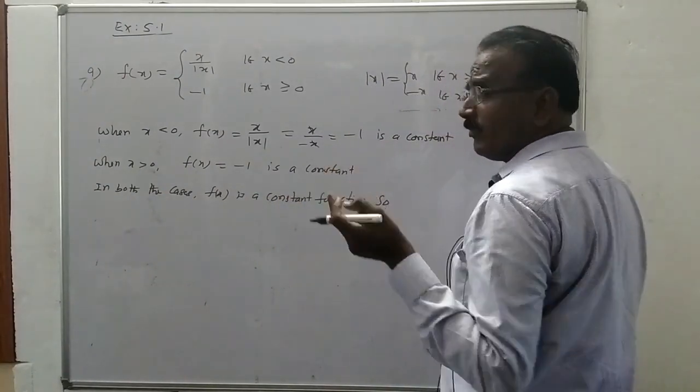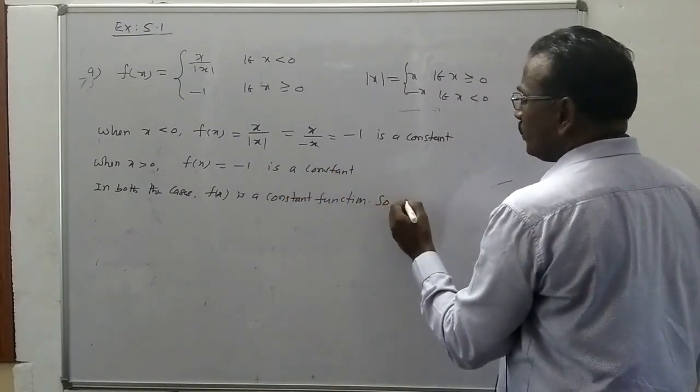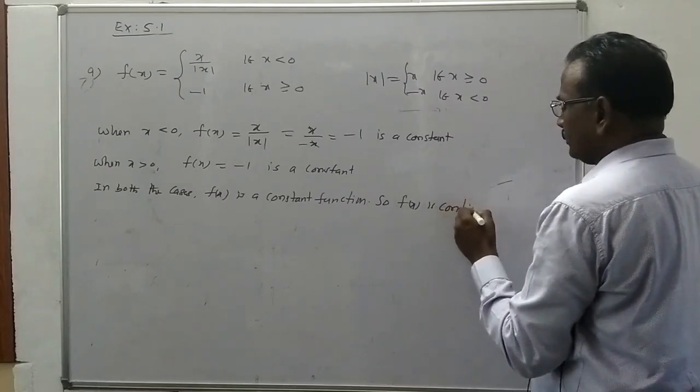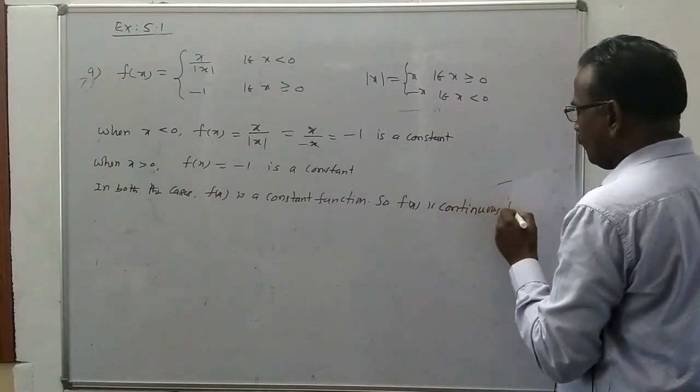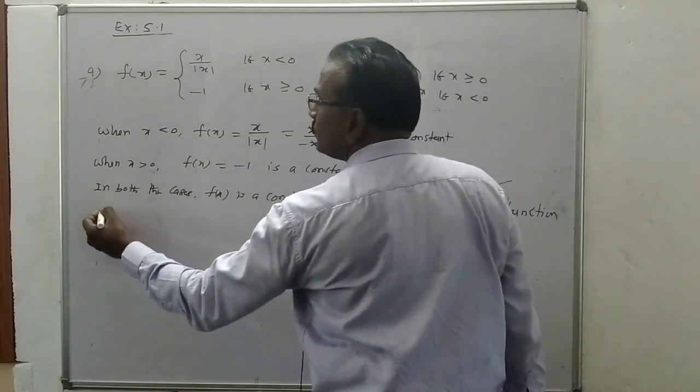So we know that every constant function is continuous for all x belongs to R. So f of x is a continuous function in the above intervals.